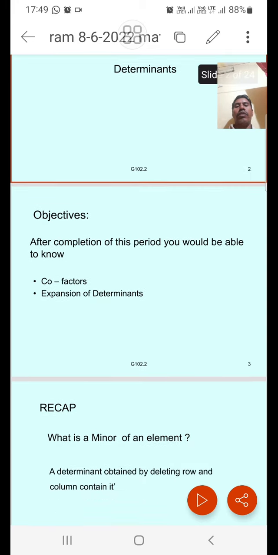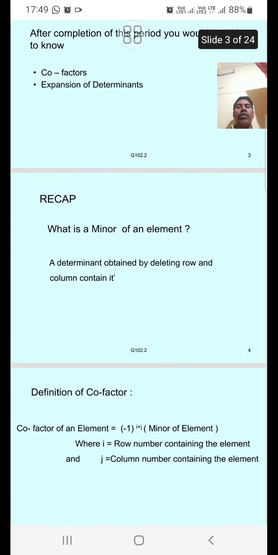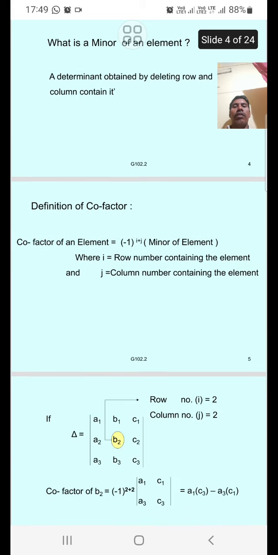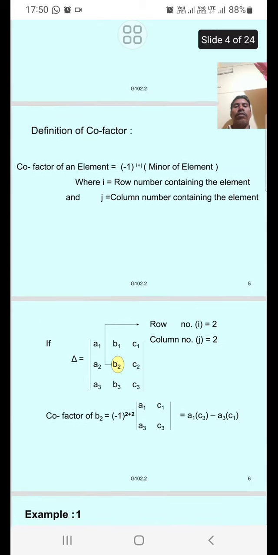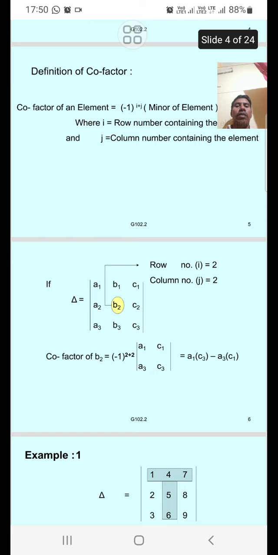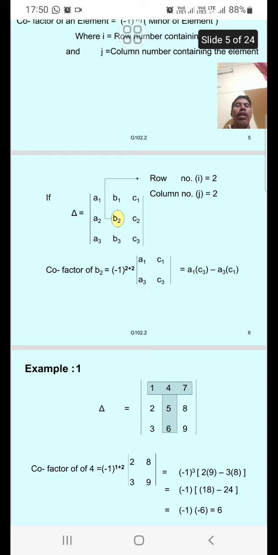If we took first row, the formula is sum of the product of element and corresponding cofactor.